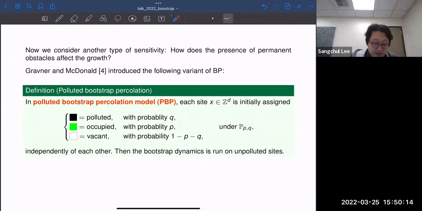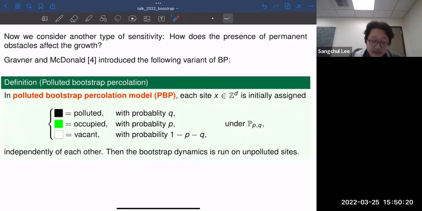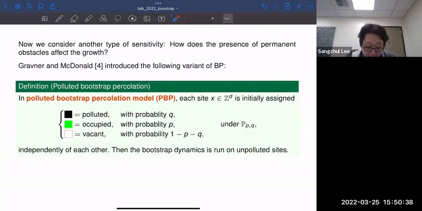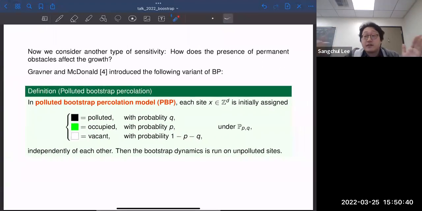This model was first considered by Gravner and McDonald, and the description of this model is as follows. Each site in the hypercubic lattice is initially assigned polluted with probability q, occupied with probability p, and vacant with probability 1 minus p minus q, independent of all the other sites.